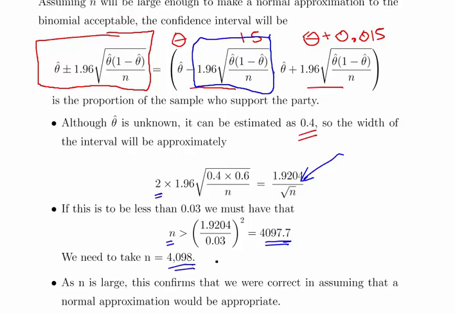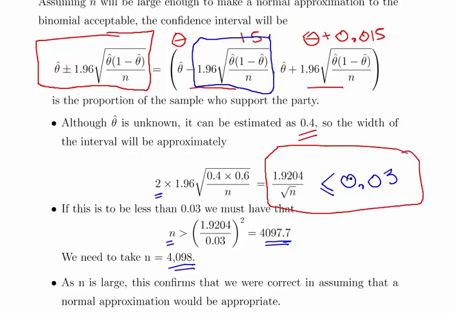Yeah, so what I'm going to remark upon here is I think I've jumped a step quickly. It has to be less than or equal to 0.03. This is probably a step I should have included here. Okay, well, less than really. So when you rework that, square root of n divided by 1.9204, that will be greater than 0.03.